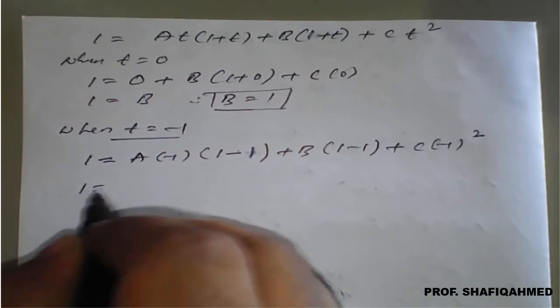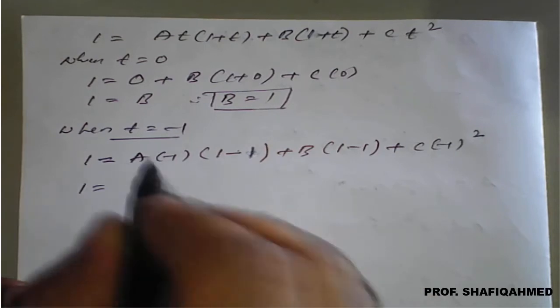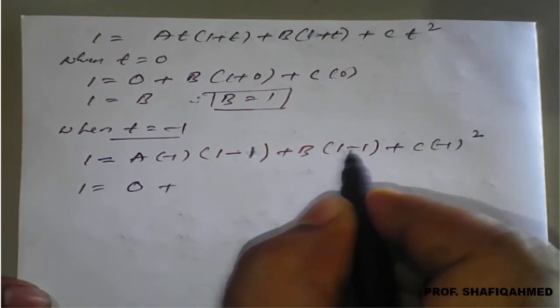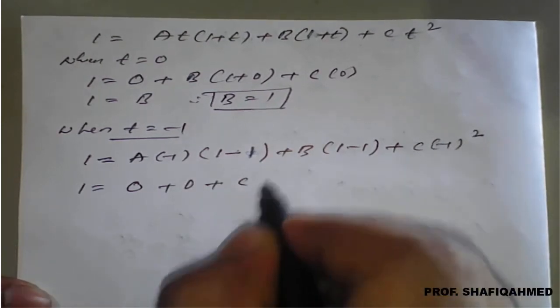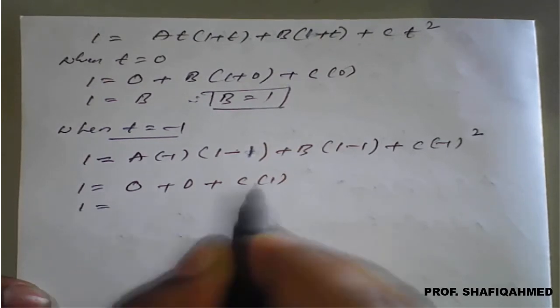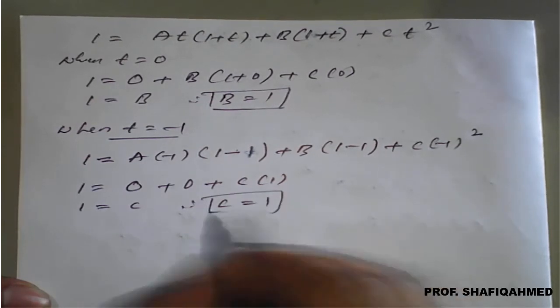So we'll get 1 is equal to, so plus 1 minus 1 is 0, 0 into anything is again 0, plus 1 minus 1 is 0, 0 into b is again 0, plus c into minus 1 square is 1 itself. So therefore 1 is equal to c, so therefore the value of c is 1.